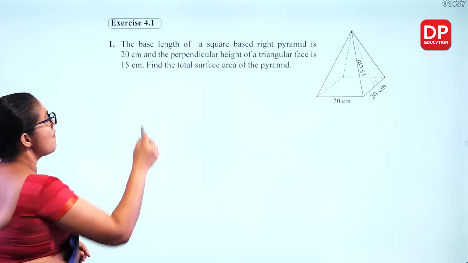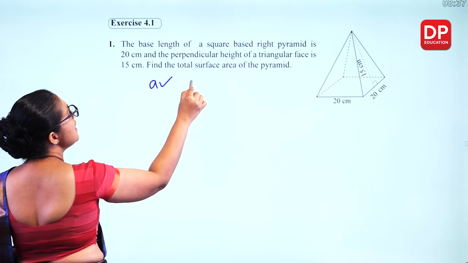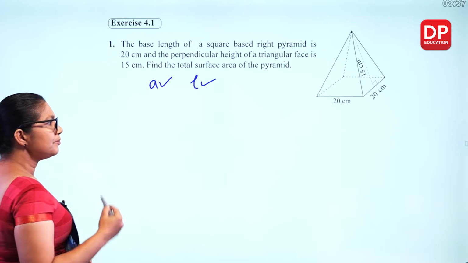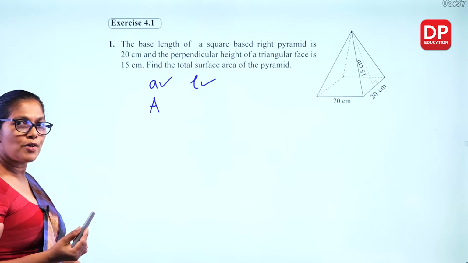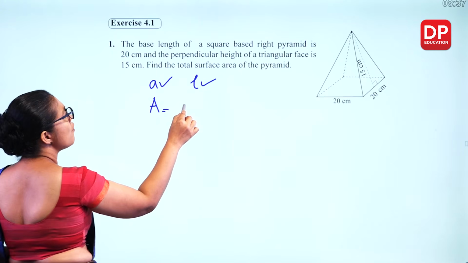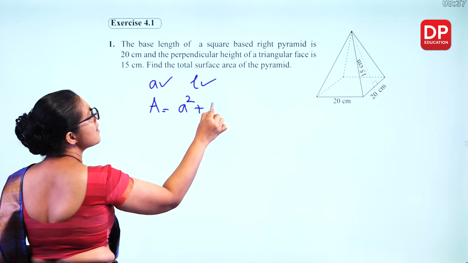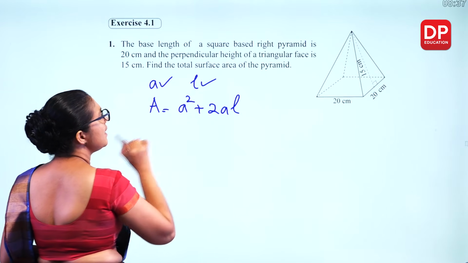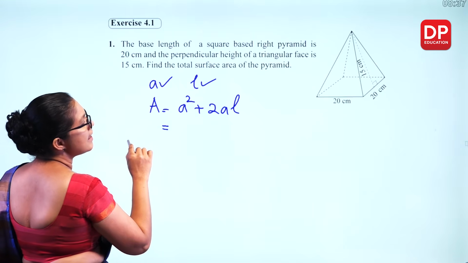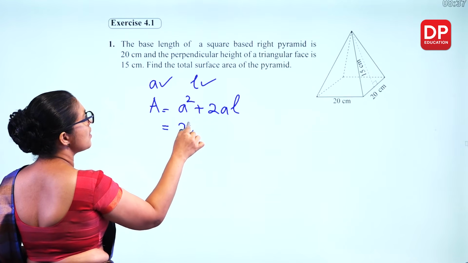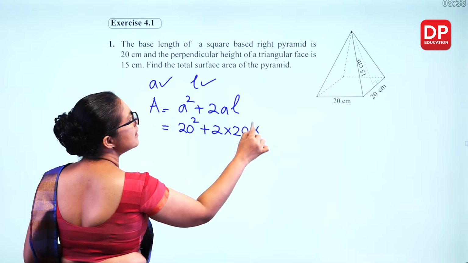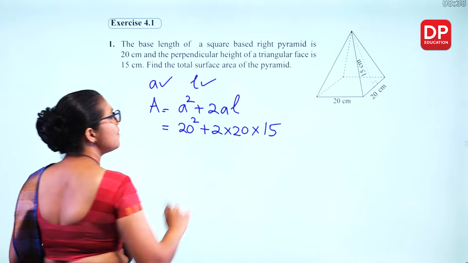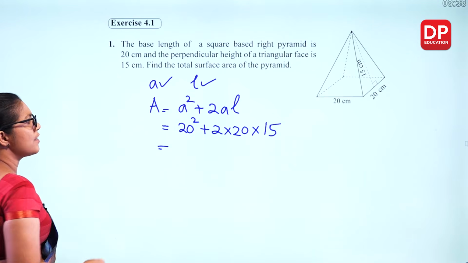So here we know A, we know L. You are asked to find the area. What's the formula? Straight away you can use the formula. A squared plus 2AL. A is 20. So 20 squared plus 2 times 20 times L. L is 15.